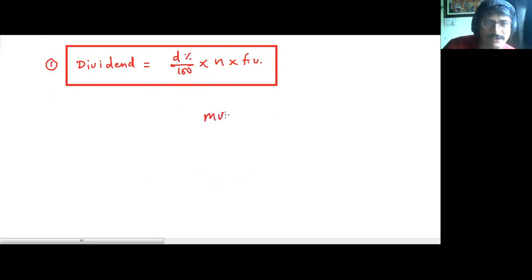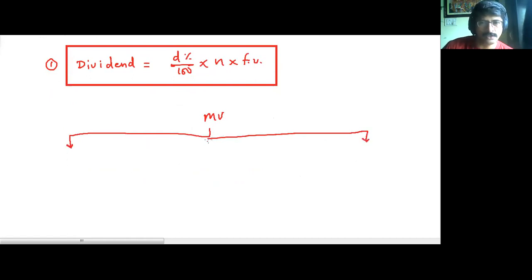Now this market value has three concepts: something is called at par, something is called at a premium, and something is called below par, or at discount.